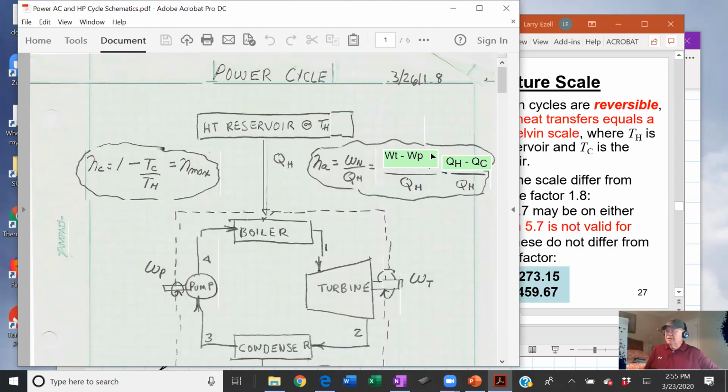So 1 minus TC over TH, which is 300 over 600. That's 1 minus 0.5, or 0.5, or 50%. So if I've got a device here operating between a TH of 600 degrees, maybe I ought to try to show that on my board.